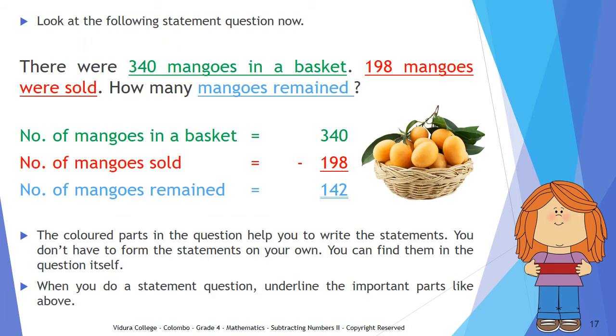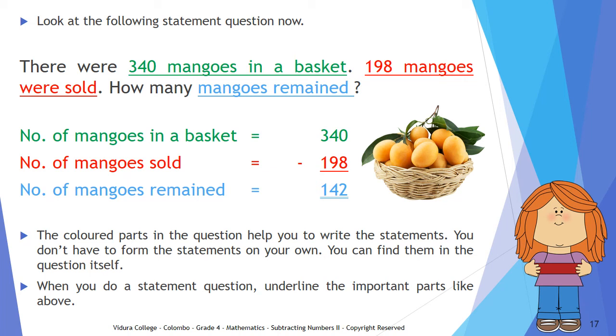Look at the following statement question now. There were 340 mangoes in a basket. 198 mangoes were sold. How many mangoes remained? To solve this, we have to write statements.